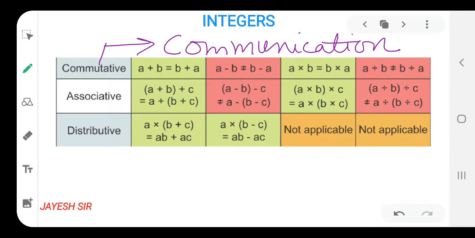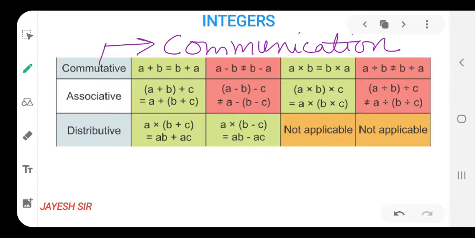You are speaking from this side and the other person is listening or speaking from the other side, and then only is communication possible, friends. If you are speaking alone, then people will understand you as mad, and it is not a communication. So we can remember the commutative property as communication.